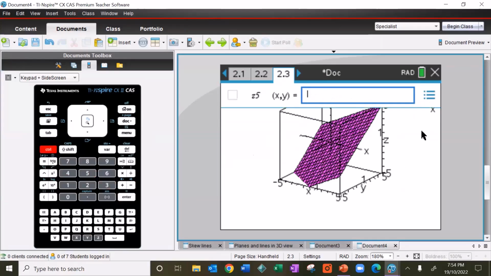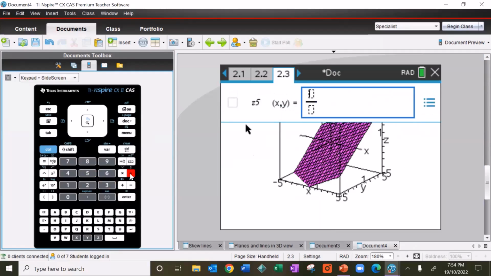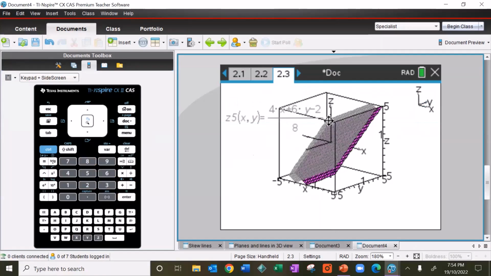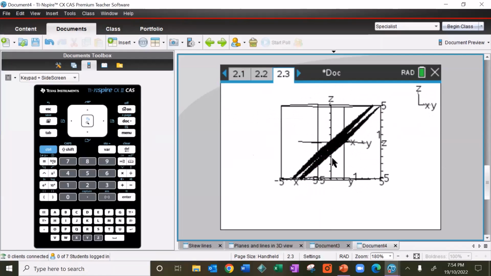And then if I do it again, the parallel plane, which would have the same normal vector, just a scalar multiple, 6y minus 2 over 8. And now if I rotate, I can see that those two planes are parallel.